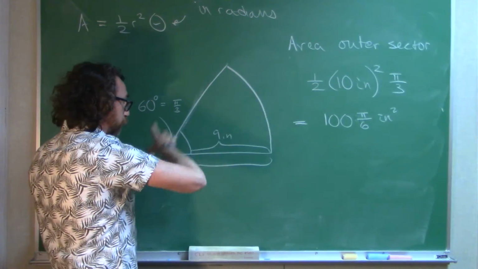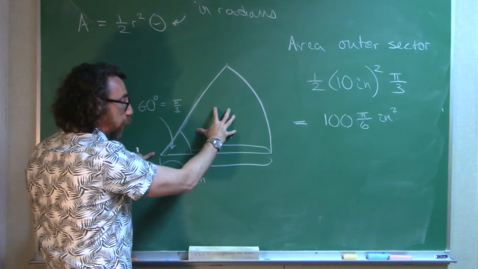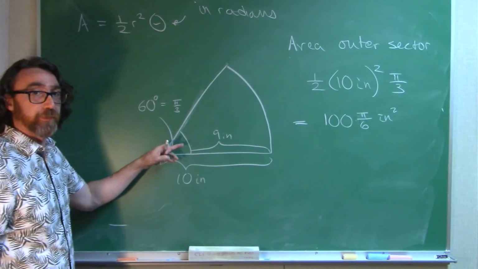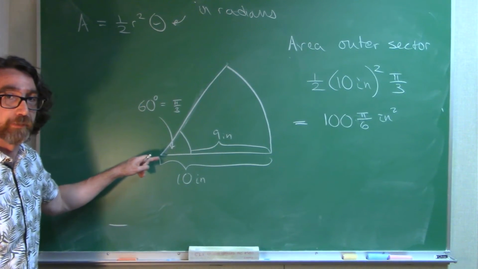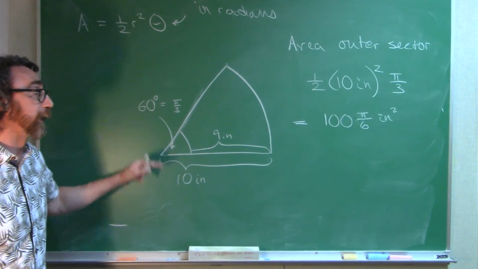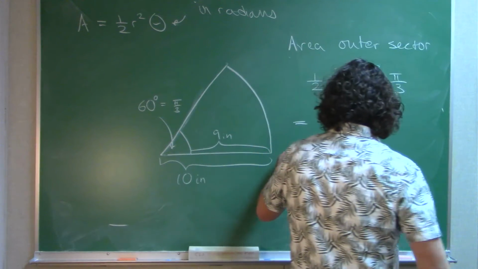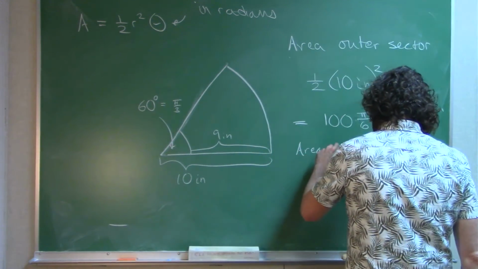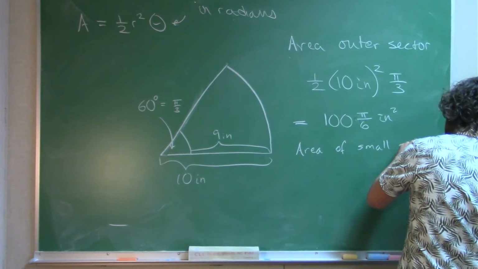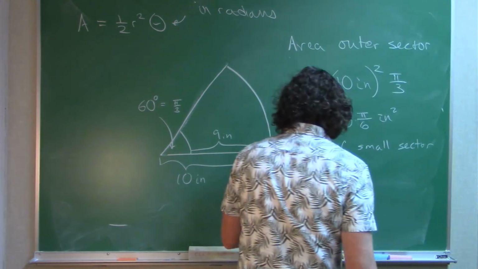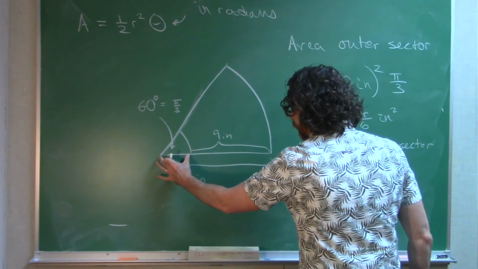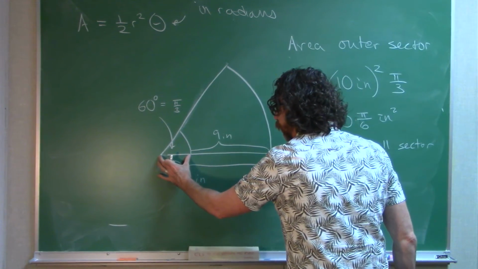Now I don't want that whole thing. I want this part only. So we're going to take away the area of this little sector in the corner. Of course, to do that, we're going to need to find the area of the little sector. Alright, so once again, 1/2 r squared theta. Now that has radius 1 inch.